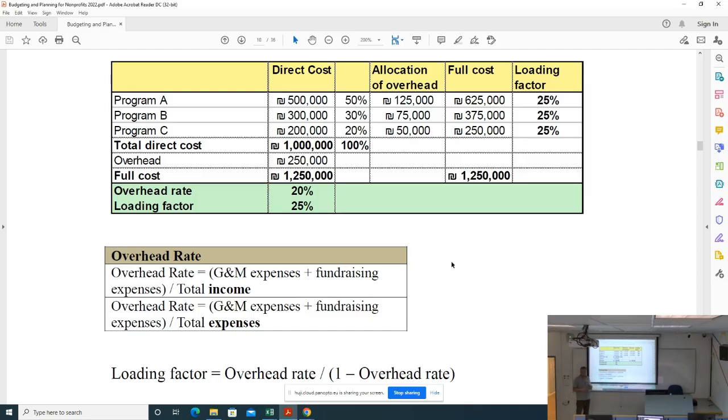Another definition, which we will use for our discussion about fixed cost allocation, has the same numerator, general and management plus fundraising, but divided by total expenses. Again, here in this example, we don't have income. We assume that income equals expenses, so it will be the same. But in real life, in most cases, income will not equal expenses, and then it will be different numbers.